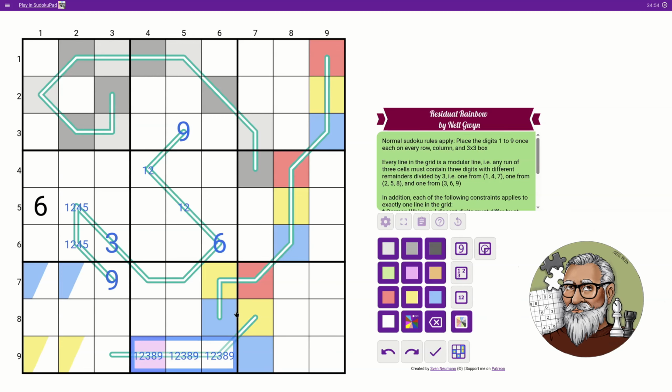Bear with me. 1, 2, 3, 8, 9. But one of those has to be from this set. So there's definitely a 1 here, right? And then we would need one of those. So there's definitely a 9. No, there isn't. I don't know.